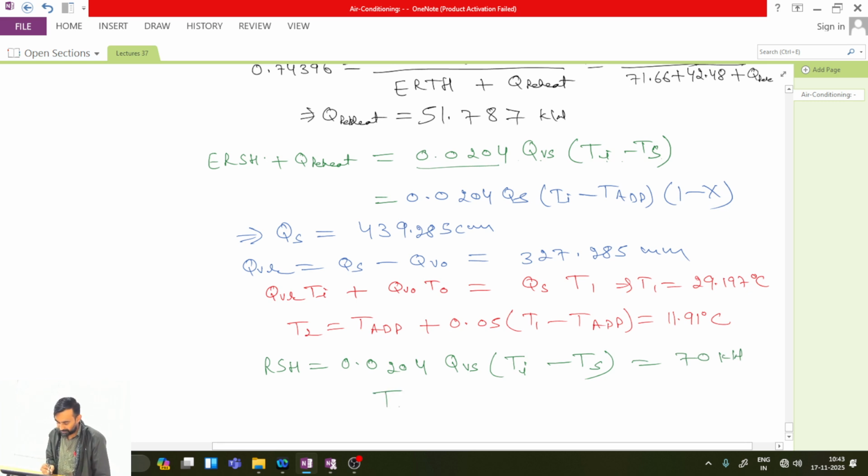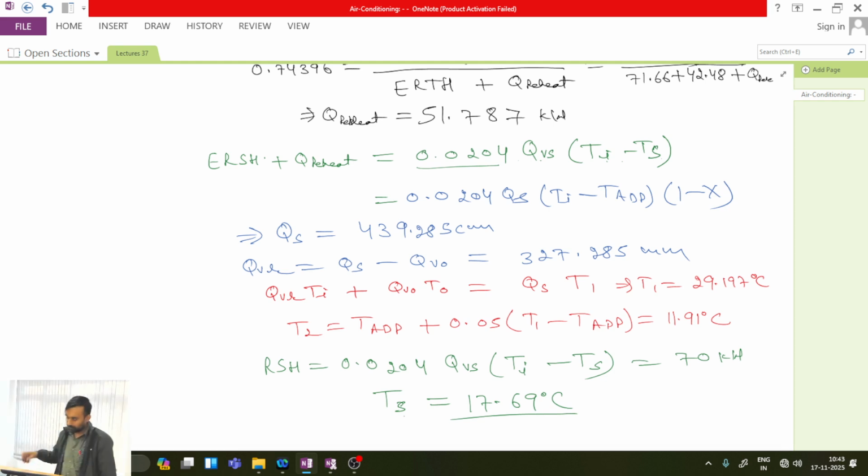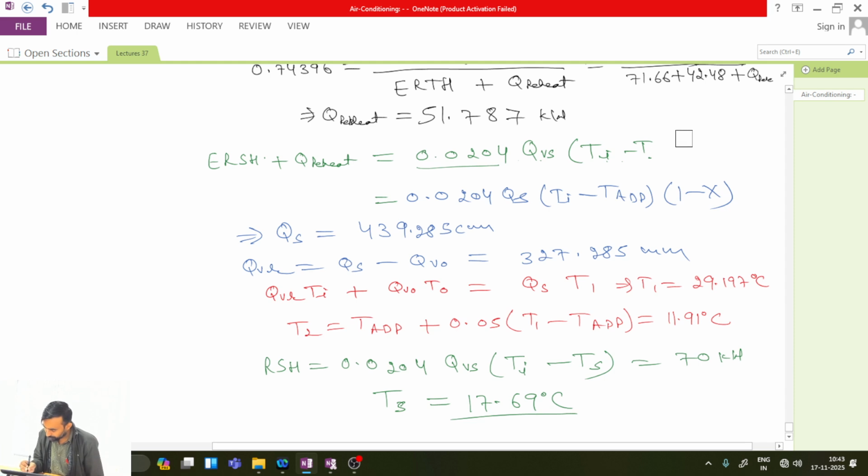From here if you calculate, your Ts will be becoming 17.69 degrees Celsius. What it means? It simply means that this I must write T2, sorry, here I have done a mistake.